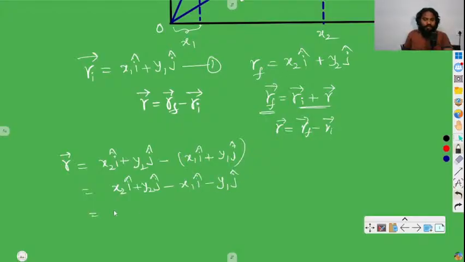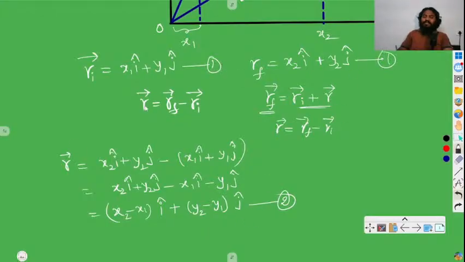Taking common terms, we get X2 minus X1 I cap plus Y2 minus Y1 J cap. This is nothing but the displacement vector. This is the final vector, this is the initial vector, so displacement vector is equal to RF minus RI.